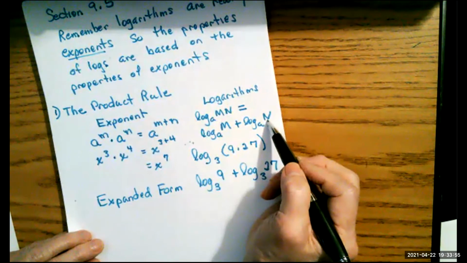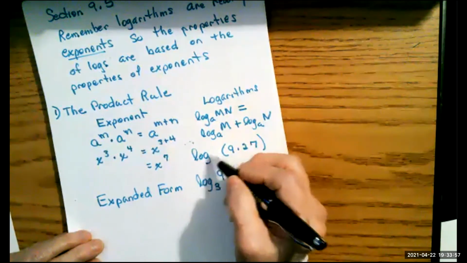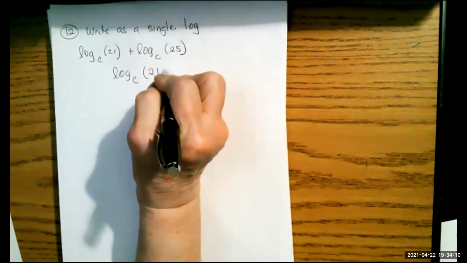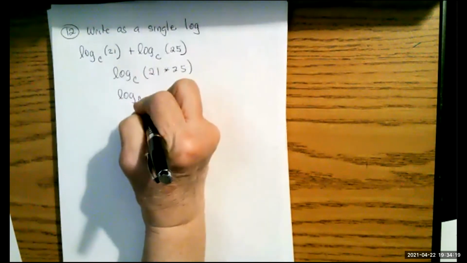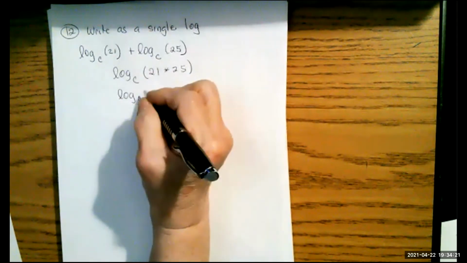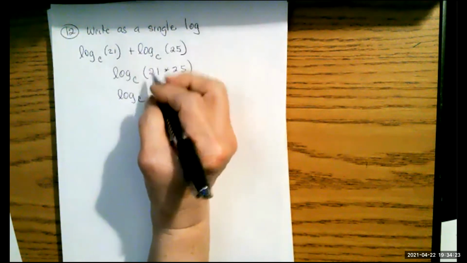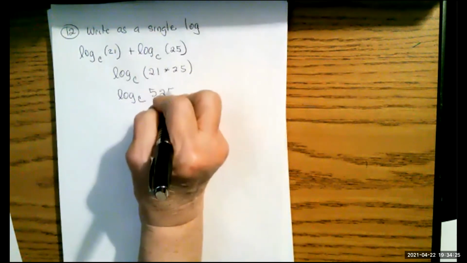That's what we've been doing. Now we're going to go backwards with it. If they're added, then these two log numbers should have been multiplied. So you're going to do 21 times 25, and whatever that is, your answer. So when you put them back together, going from expanded form to what is called contracted form, then it's a lot easier.